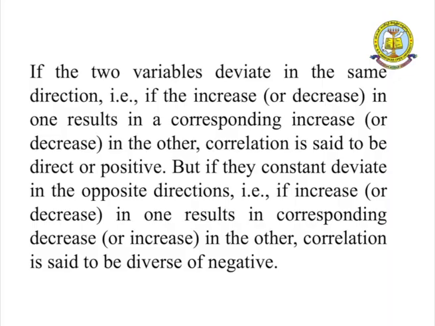If the two variables deviate in the same direction, that is, if an increase or decrease in one results in a corresponding increase or decrease in the other, correlation is said to be direct or positive. But if they constantly deviate in opposite directions, that is, if an increase or decrease in one results in a corresponding decrease or increase in the other, correlation is said to be inverse or negative.